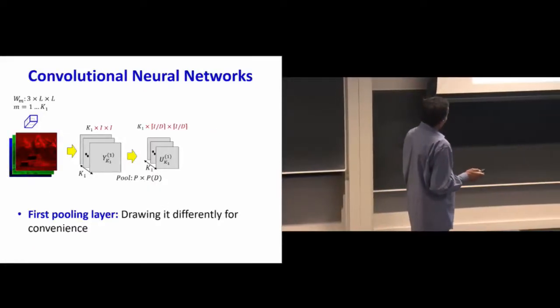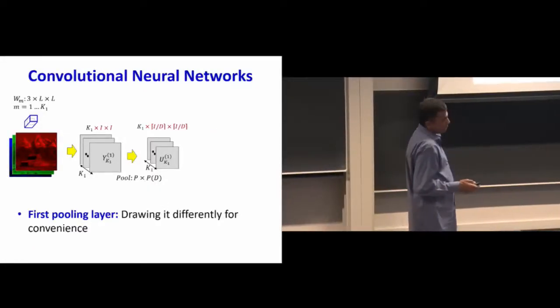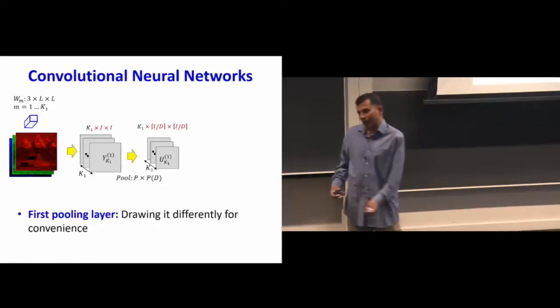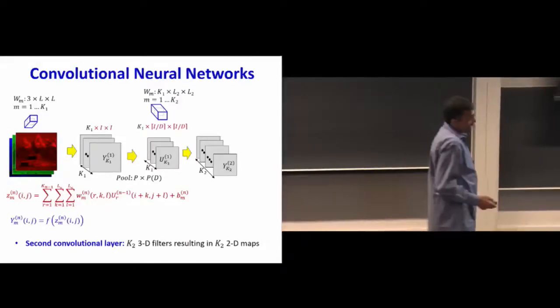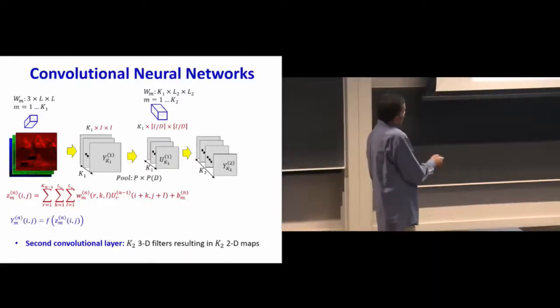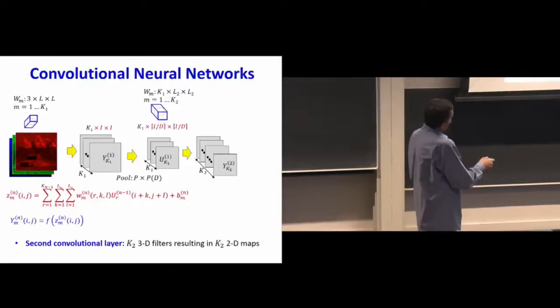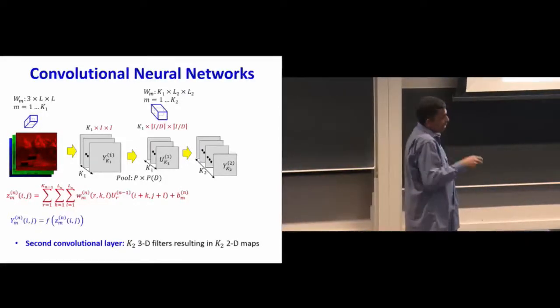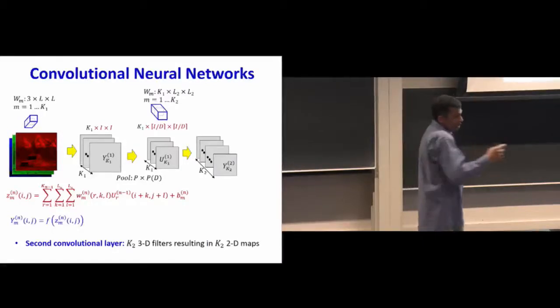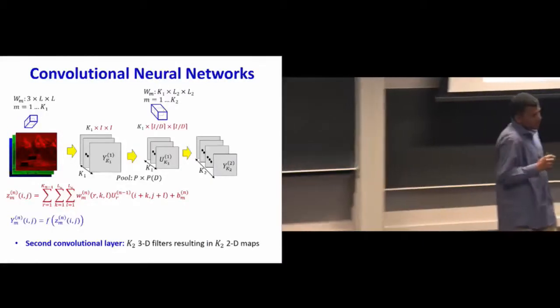So here is the result of the first pooling layer. Again, I've stacked all of these things together, and now again, I can think of it as a cube. At the next level, again, I'm going to have some K2 filters, but each of these filters is now going to be L2 cross L2, whatever this L2 might be, which is the size of the filter. But the third dimension is K1, which was the number of filters in the first layer.